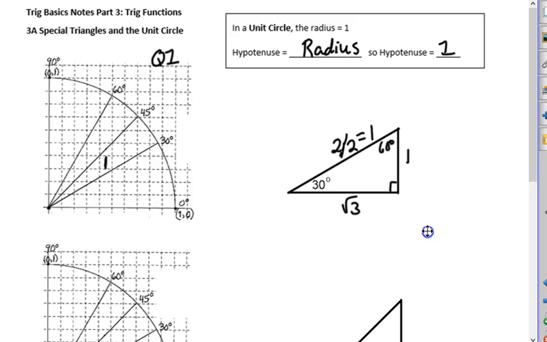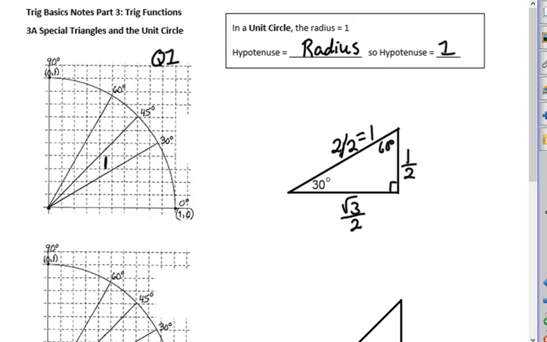But if I divide the hypotenuse by 2, in order to keep the angles the same, I have to also divide both of the legs by 2, because that means the ratio of the sides will still be the same. It's a similar triangle, and the angles will stay the same.